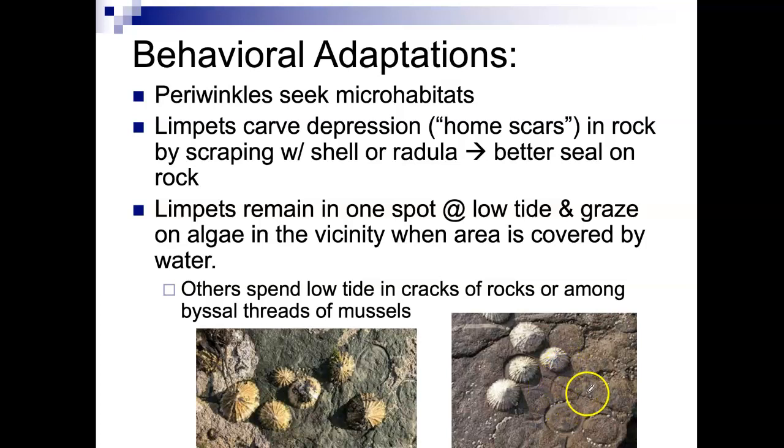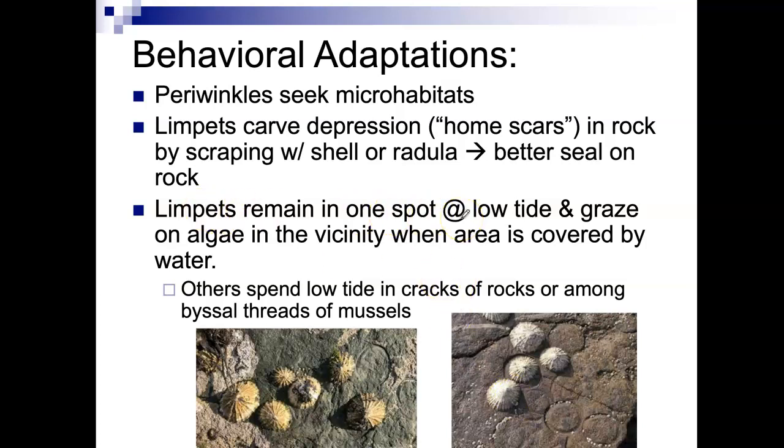They'll scrape it back and forth until they create this little home scar, and that gives them a better seal on the rock when they secrete the mucus around there. So you'll see these home scars in the rocks on some of the rocky shorelines, which is kind of interesting. And these guys are the limpets. We call them keyhole limpets, and you'll see them scattered throughout the intertidal zone, especially in the upper intertidals.